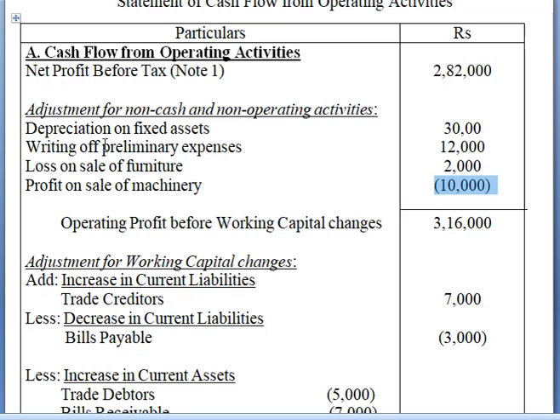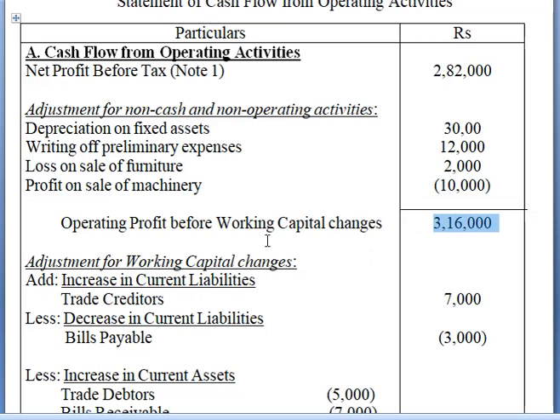So what do you mean by preliminary expenses? I think you already know in class 11, but still let me tell you in brief that preliminary expenses are those expenses which are actually incurred when forming a business. So after doing these adjustments, you will get this amount, 3,16,000.